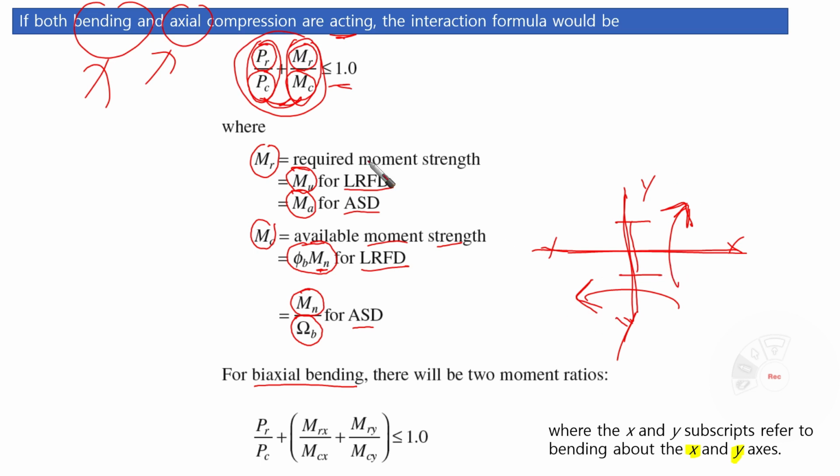In this case, in the interaction equation, the moment term needs to be augmented to take into consideration the two different types of moments here.